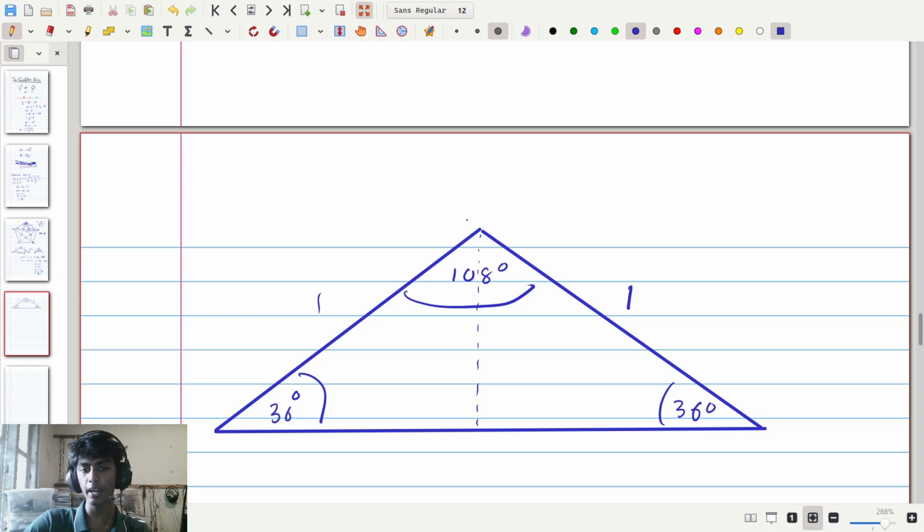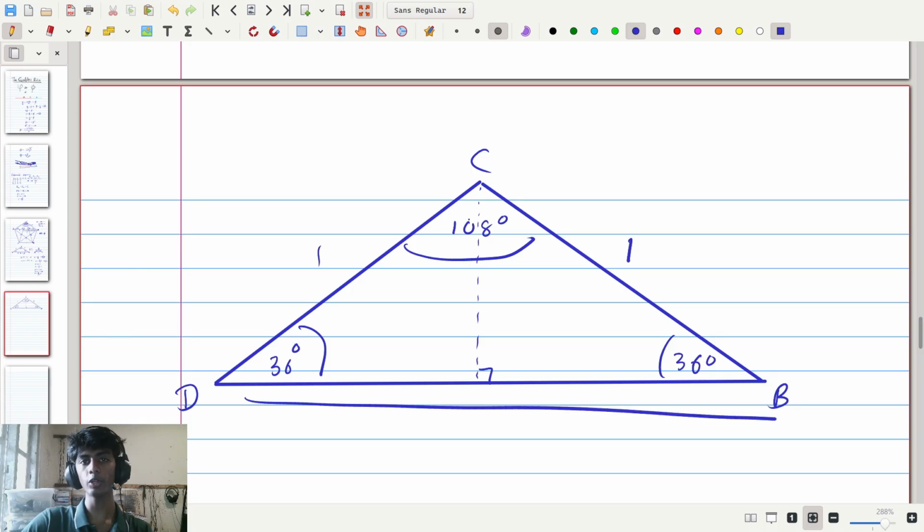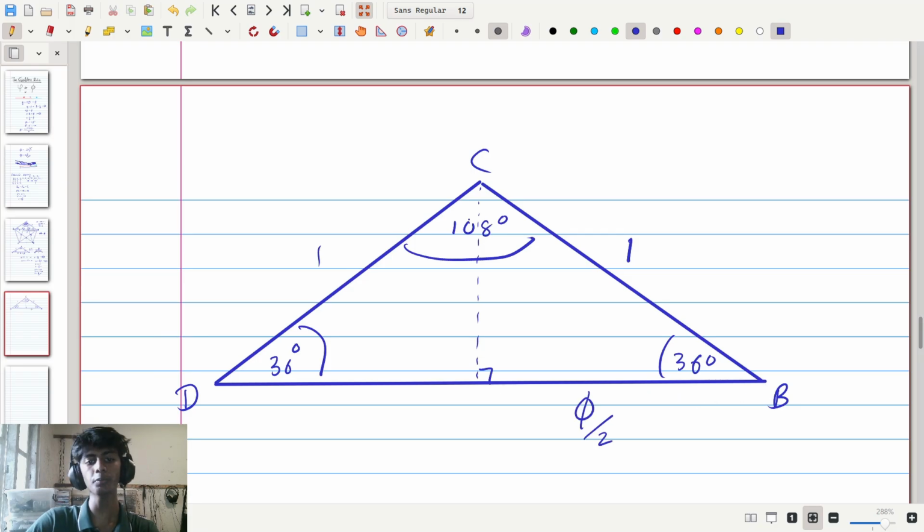If we divide this triangle in half like so, such that this line is perpendicular to the base, which I'll label BCD, then since the total length BD is the golden ratio and this line perfectly divides BD in 2, each of these line segments is going to be the golden ratio divided by 2.